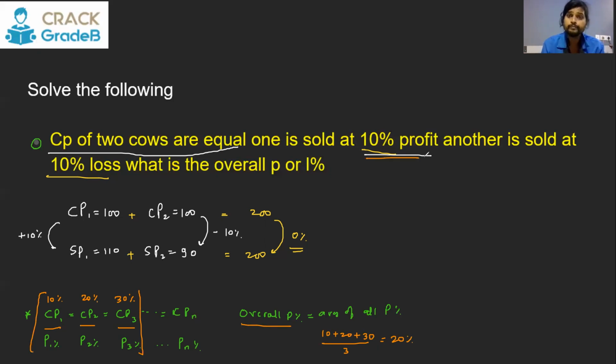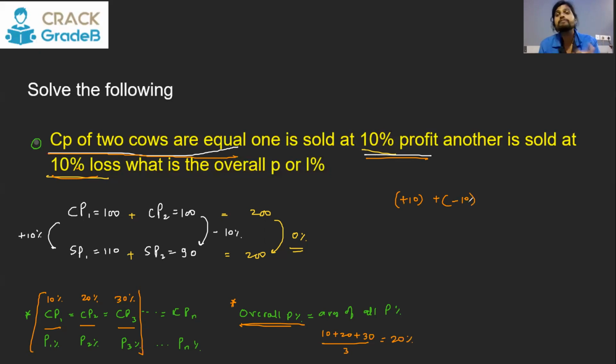In this question, if you have to use the same concept, first you have to check whether the cost prices are equal or not. So yes, the cost price is equal. Then only you have to apply this. So first is sold for 10% profit, so you will take plus 10 because there is a profit. Second is sold for 10% loss, so you will take minus 10 for second.